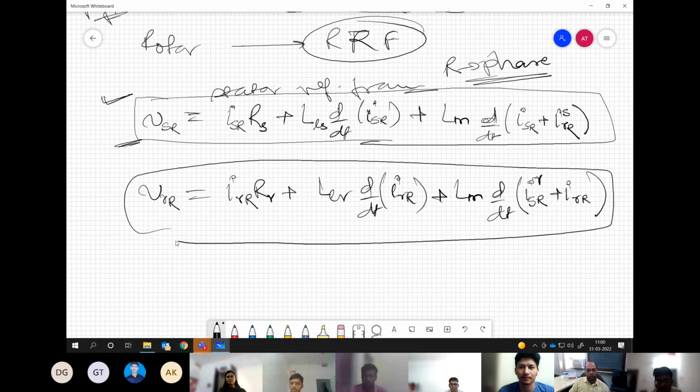So we have written this rotor equation in rotor reference frame. You understand my point?